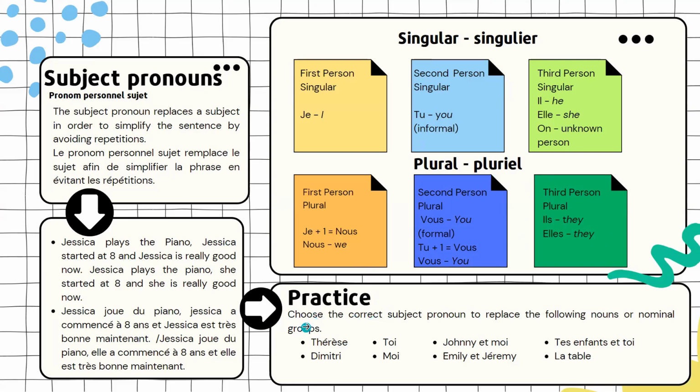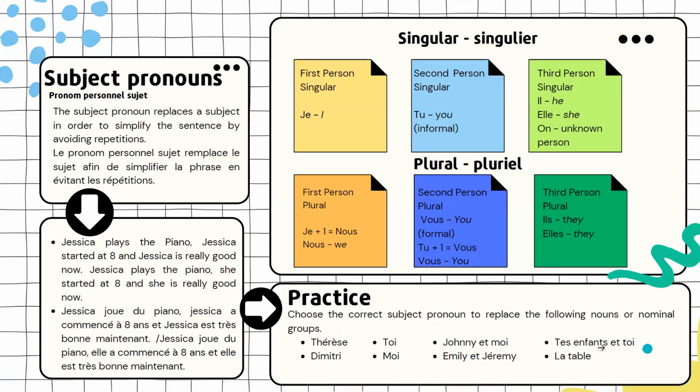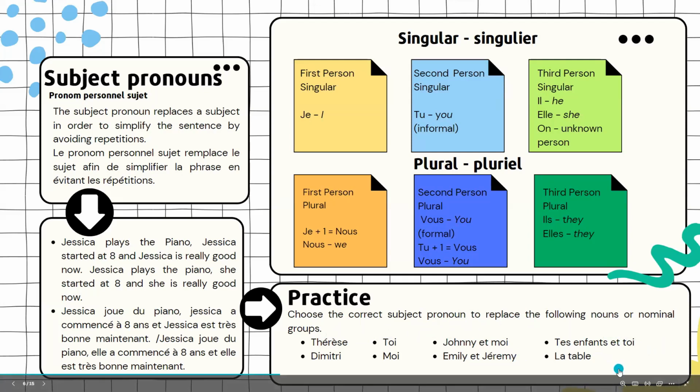As a practice, you will have to choose the correct subject pronoun to replace the following nouns or nominal groups. I'm going to read all of them. I'm going to give you 5 seconds or so. You can pause the video, and then I will give you the answer.